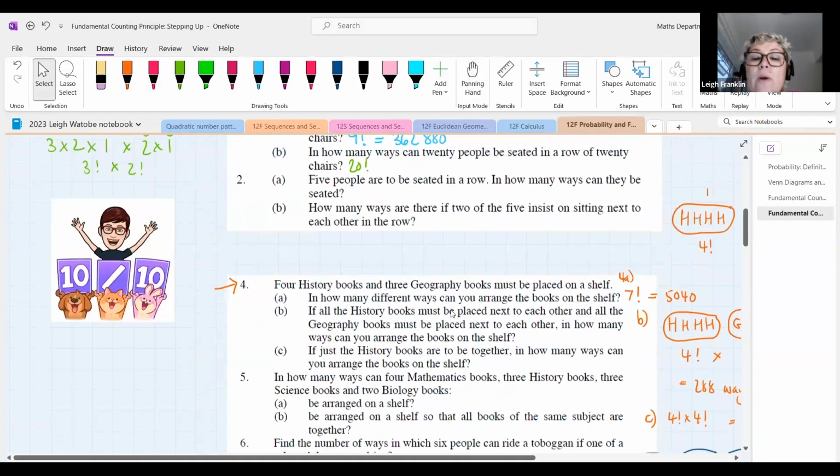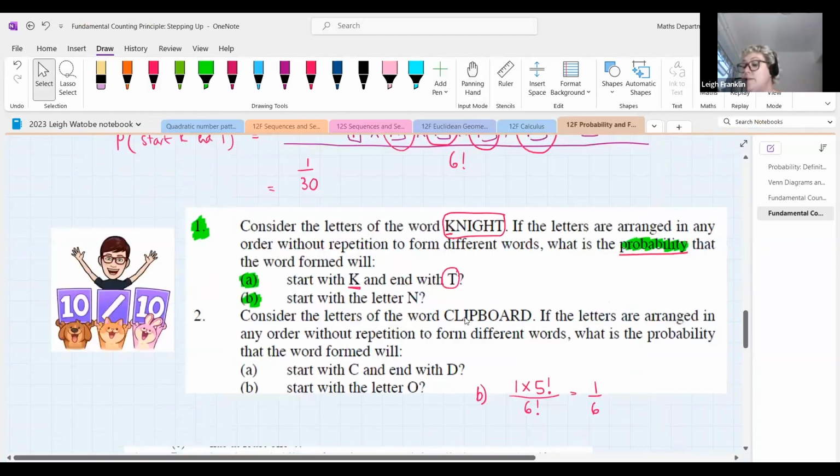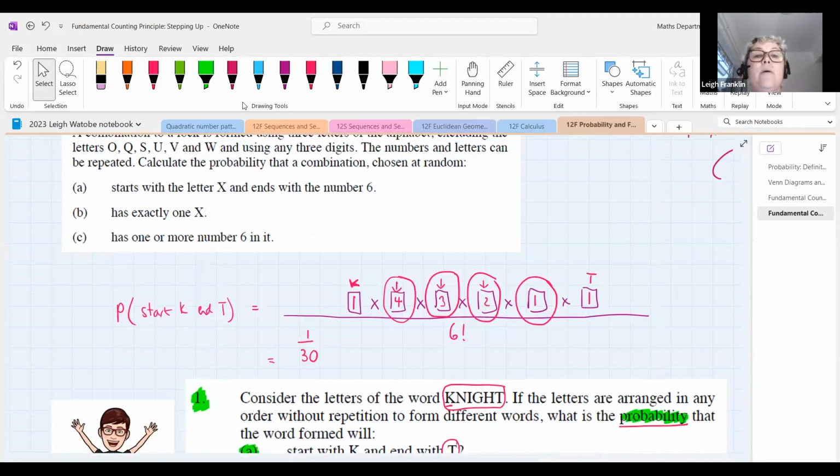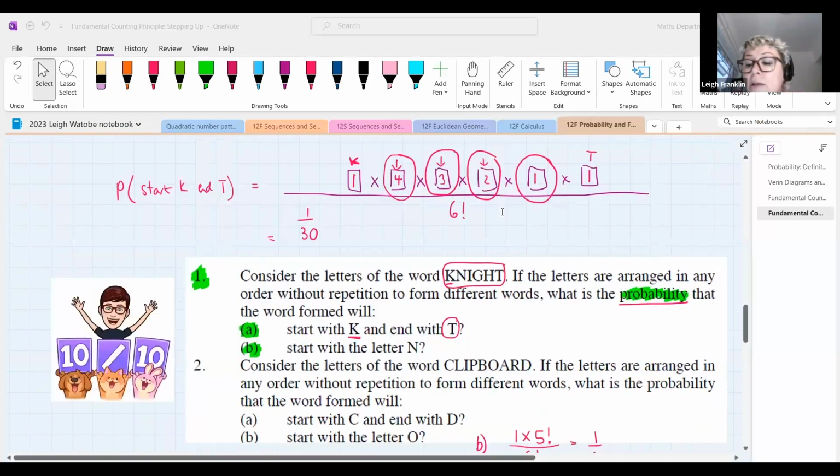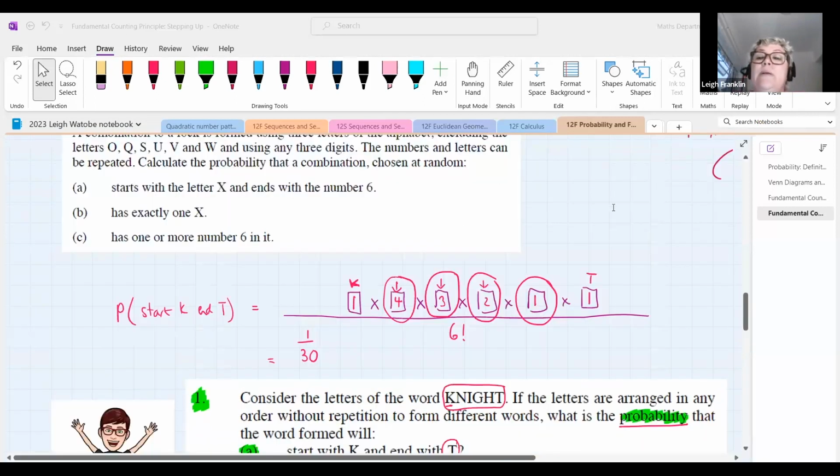So if the question says count the number of ways in which something can happen, then you're not going to divide it by the total possible number of ways. Whereas here they said, what is the probability? So remember, probability has to be a number on a scale from 0 to 1, with 0 being impossible and 1 being certain. So just read the question carefully, whether it's asking for the number of ways or whether it's asking for probability.